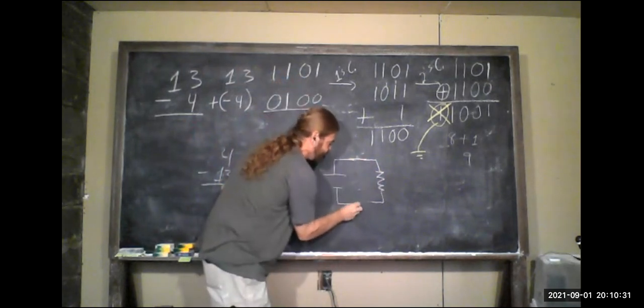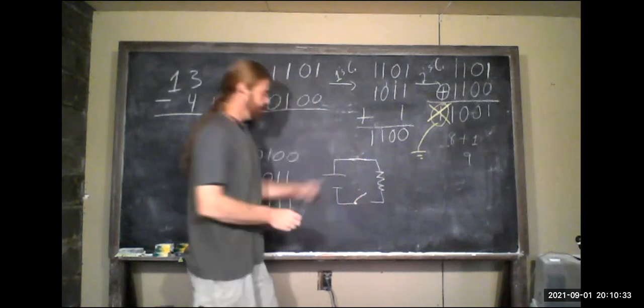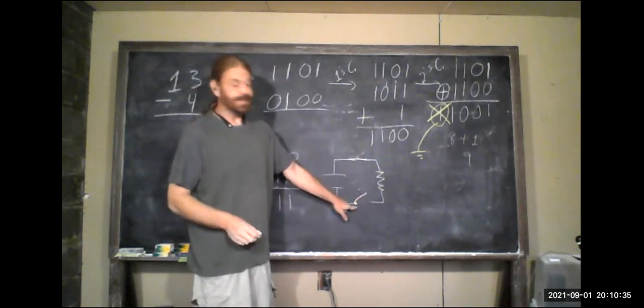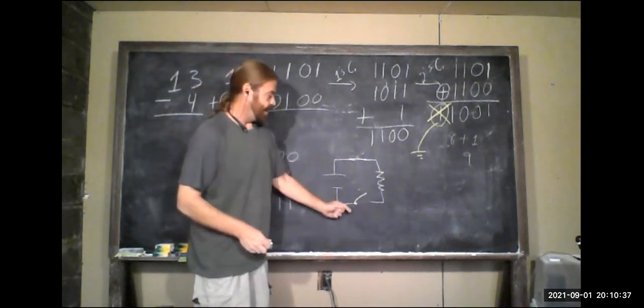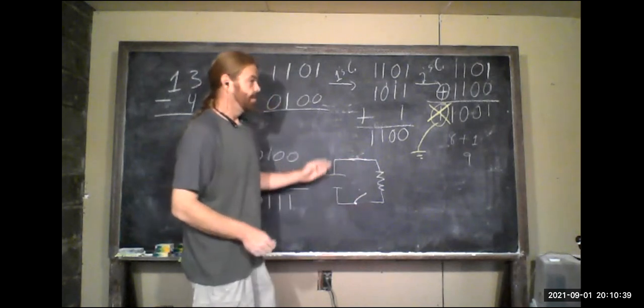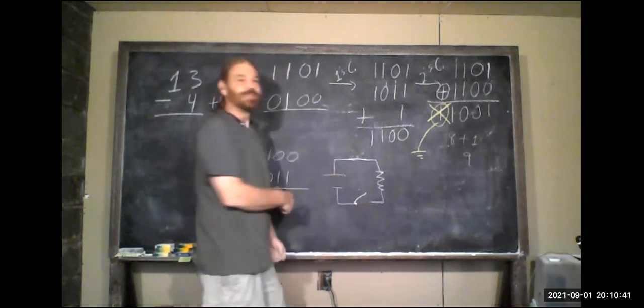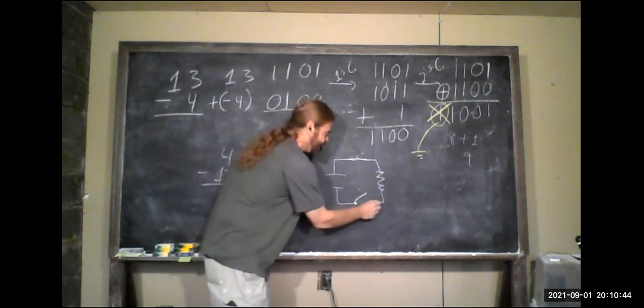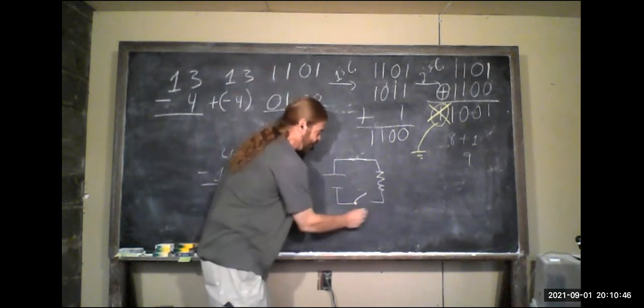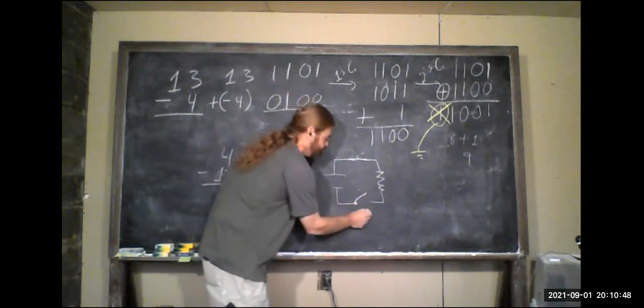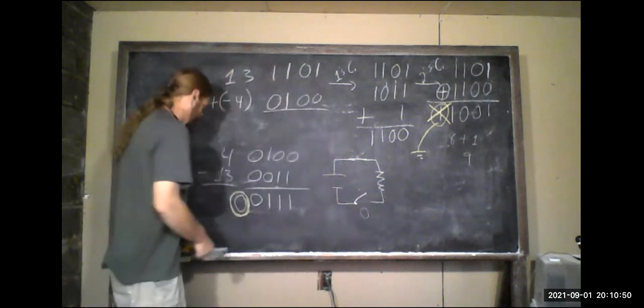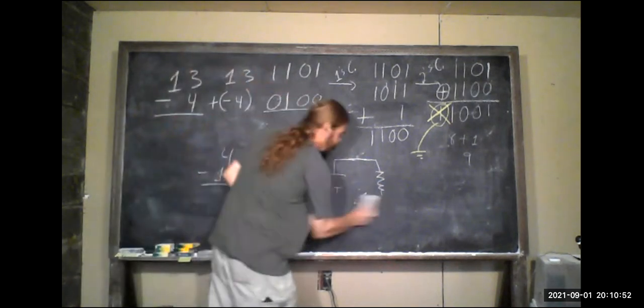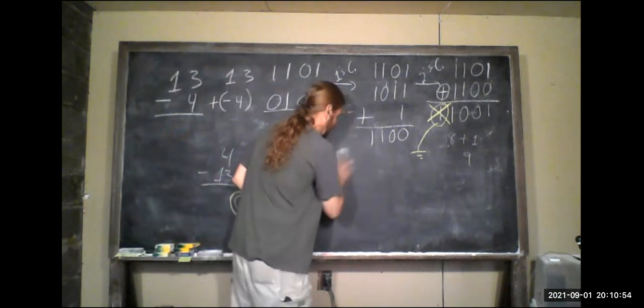And again, this is an oversimplification. Or we could put our switch over on this side, and then when we turn the switch on, we're heading back to ground, and that's called sinking the current. So that's what 1 and 0 really mean.